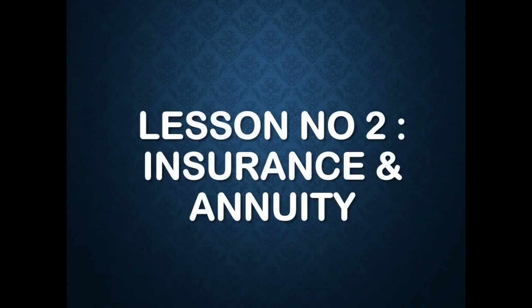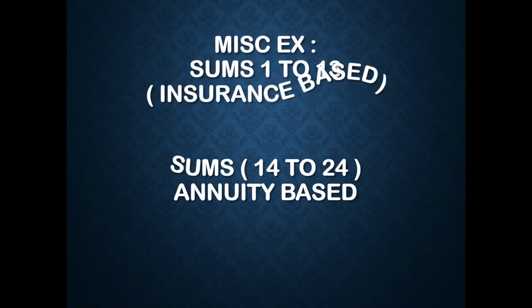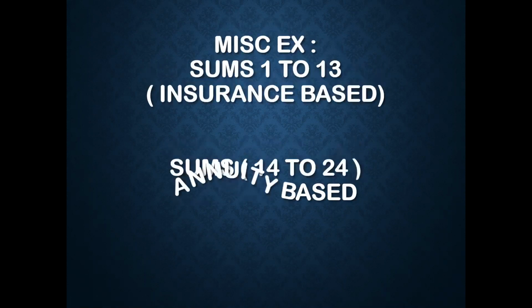So as you all know, we have already finished with the exercise part of lesson number 2, insurance and annuity. Now, as I told you all, today we'll be starting with the miscellaneous exercise. Now class, in your miscellaneous exercise, sums 1 to 13 are based on insurance topics and sums 14 to 24 are annuity based.